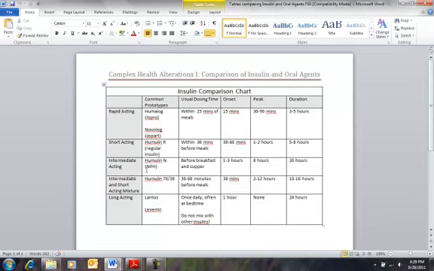However, with your intermediate acting insulins, those are a longer onset, 1 to 3 hours. So as long as the patient is eating, and they're not ill where they're not eating, it's not as important to time those with the time that they're actually eating, as long as it's within 1 to 3 hours. But you're concerned about when they peak, because they peak in about 8 hours.